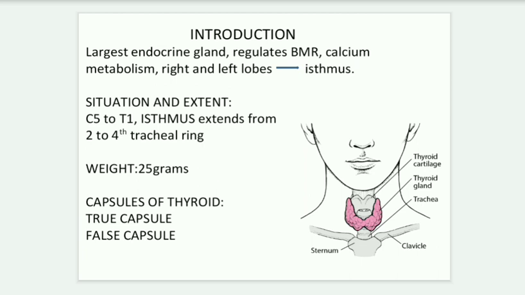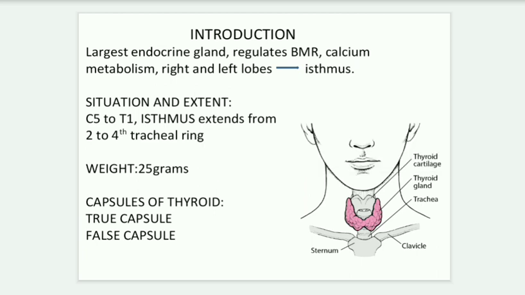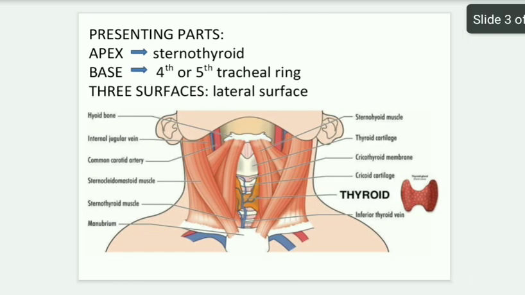It has a suspensory ligament, which gets connected to the cricoid cartilage, and it has some parts like apex, base, three surfaces and two borders. Let me come in detail. Your apex is directed upwards and gets attached to the sternothyroid oblique line and thyroid cartilage.